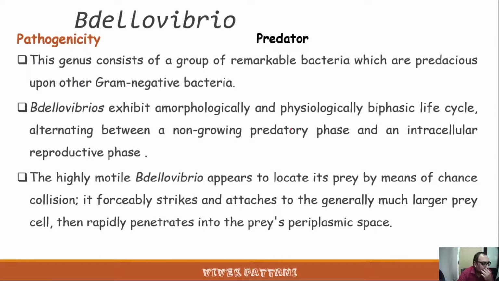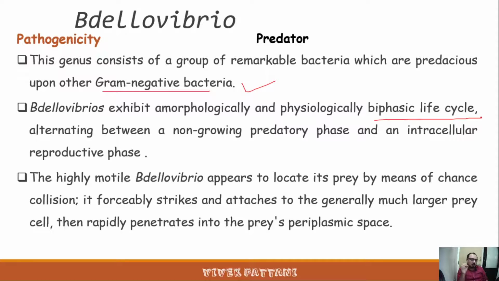Now, pathogenicity: they are not pathogens to human beings, but are pathogens to gram-negative bacteria, other gram-negative bacteria, not the same one. They exhibit a biphasic life cycle, which alternates between a non-growing predatory phase and an intracellular reproductive phase, which is found in the host which Bdellovibrio enters.